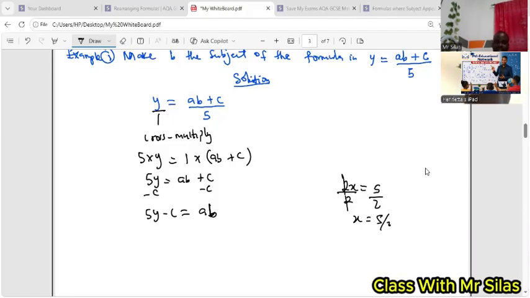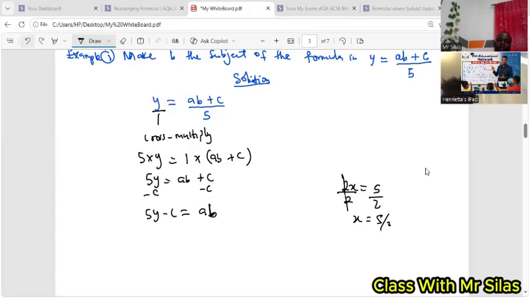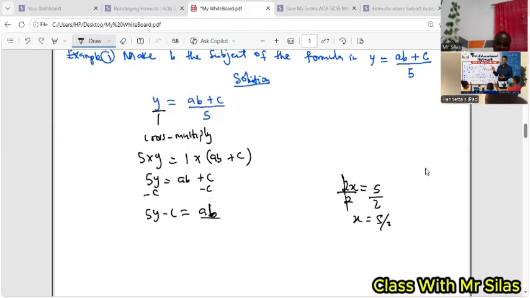Okay, so the same thing here, you are looking for B. To make B to be alone, you are seeing that A and B are multiplying, isn't it?